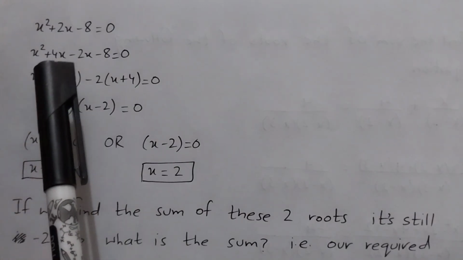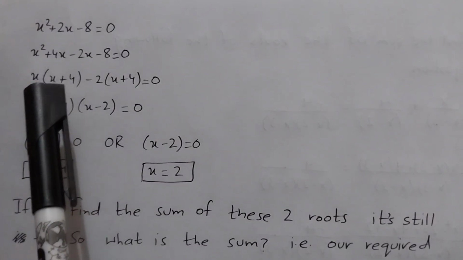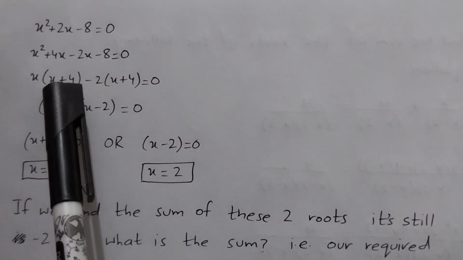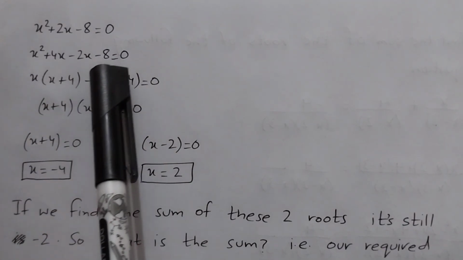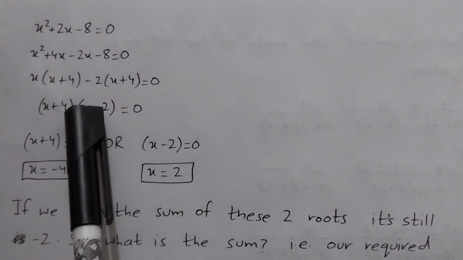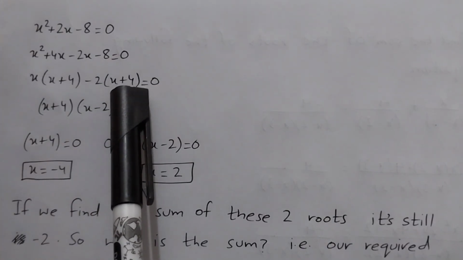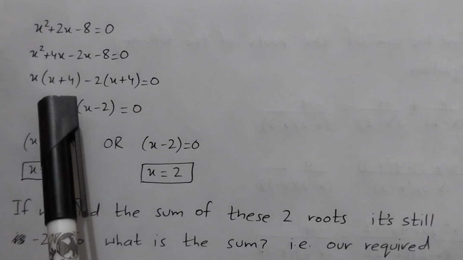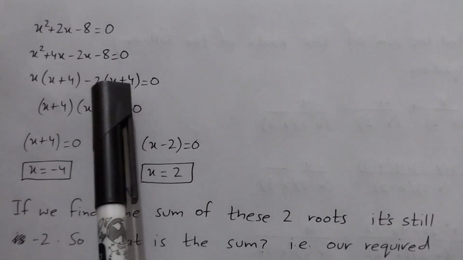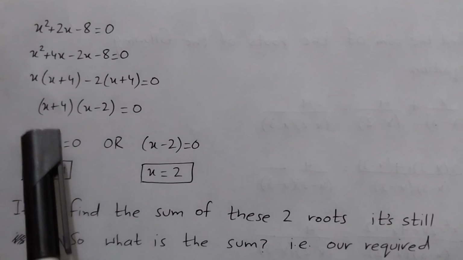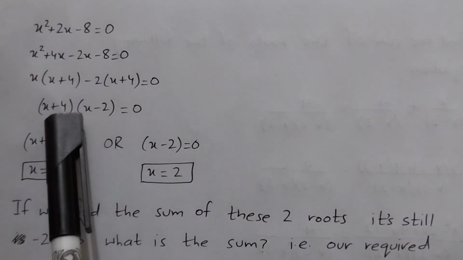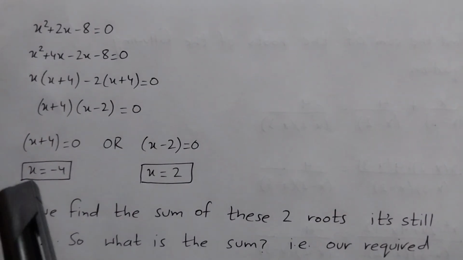So from the first two terms we can take x common, and we are left with x plus 4, and from the next two terms we can take minus 2 common, and the same x plus 4 remains. So now we can take x plus 4 common from both the terms, and we are left with x minus 2. So these two are factors and their product is equal to 0.